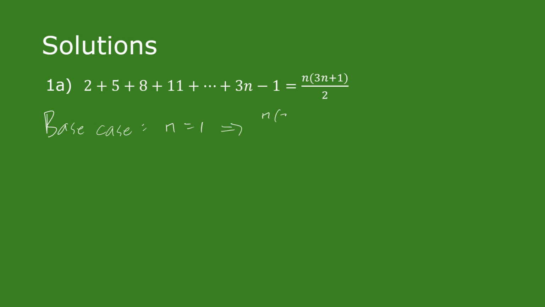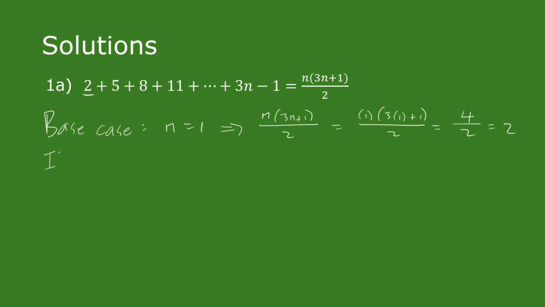So our right hand side is 3n plus 1 times n over 2. And if we substitute 1 in here, we're going to get 1 times 3 times 1 plus 1 all over 2. And if you calculate this, 3 times 1 is 3 plus 1 is 4, times 1 is 4 over 2, and this is just 2. So it corresponds to the first term in our series. So the base case is true.